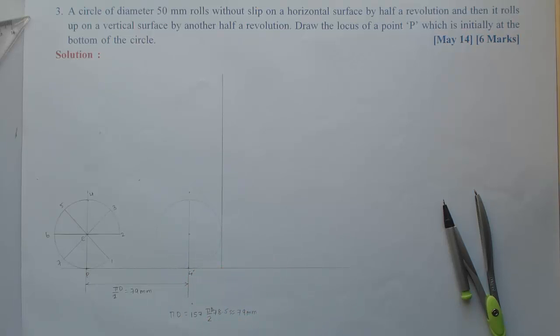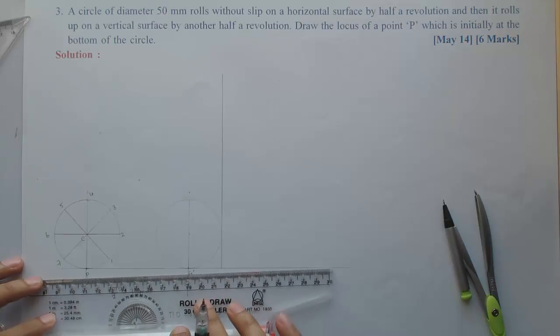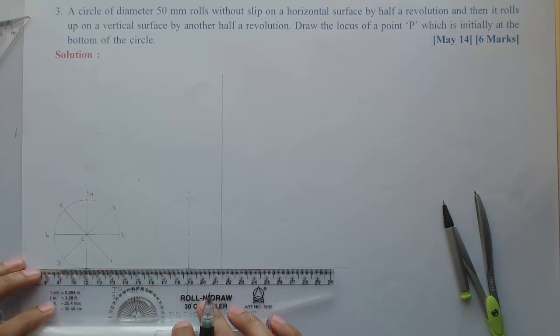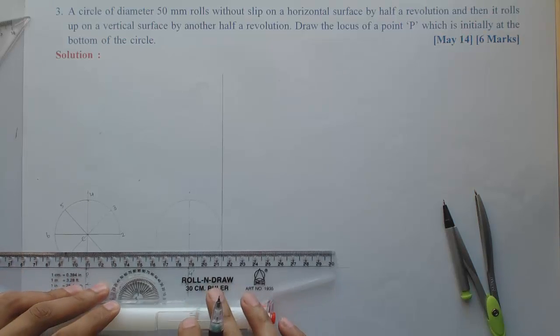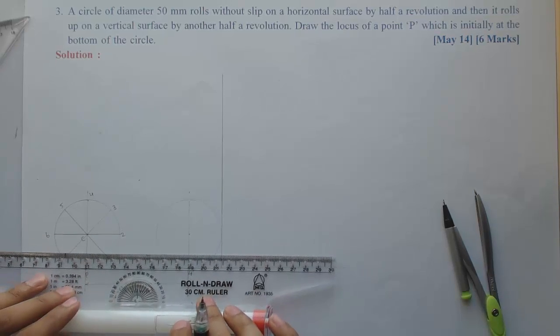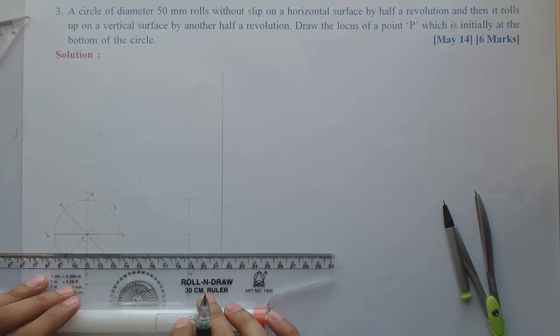Okay, now we'll follow the same method for the first half a revolution, that is drawing horizontal lines. First, from the center of the circle, I'll mark the new positions of the centers for half a revolution along the horizontal center line.